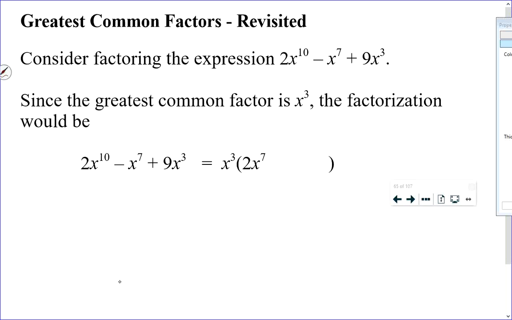A couple, okay. I would have to write in here minus x to the 4 because the way my mind works, x cubed times x to the 4 will give me that x to the 7. And then I would put 9 here because 9 times x cubed is 9x cubed. No problem. I'm going to write that as plus 9x to the 0 to make a point in a minute.